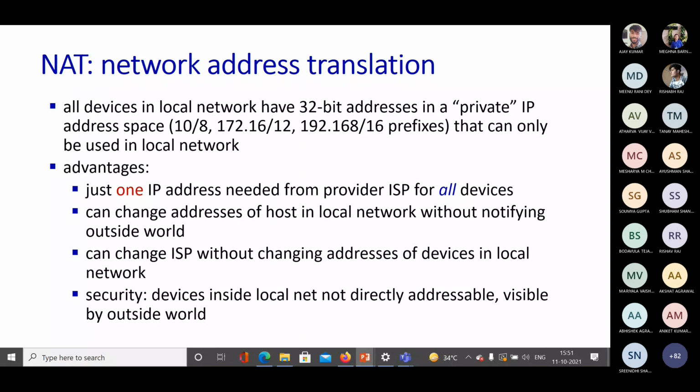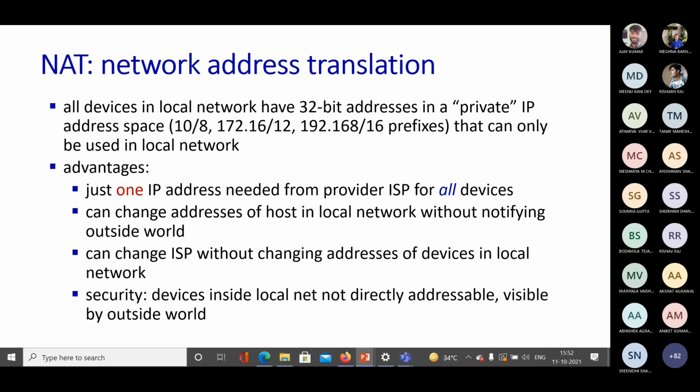So if you want to change anything in the local network, that's okay. That is not going to affect anything in the outside network, because the router at the edge, the interface that connects it to the internet, is the only one whose IP address is affected by what happens in the outside world.